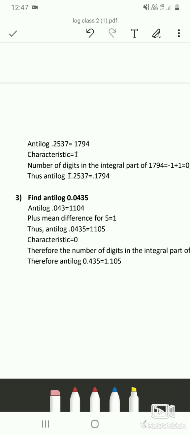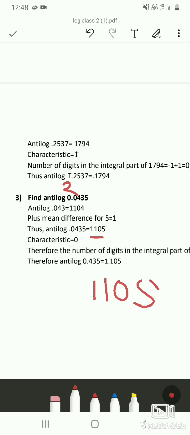Therefore we get 1.105. So the antilogarithm of 0.0435 is 1.105. Here you get a decimal point. If it was 2 instead of 0, you would have got the answer as 110.5, because 1 more than 2 would be 3.